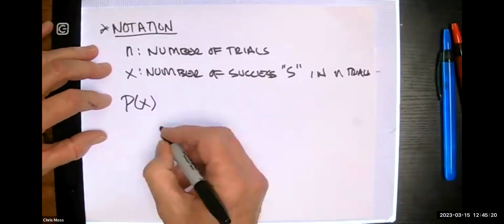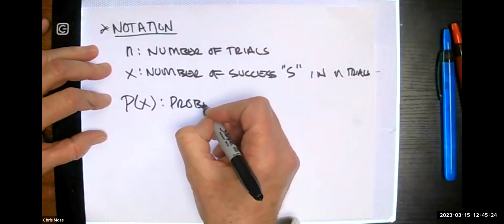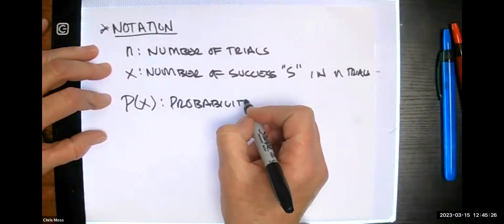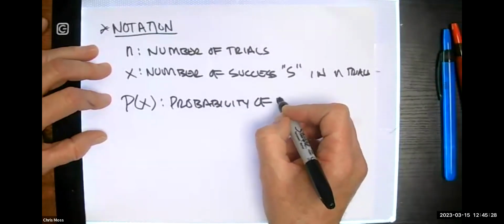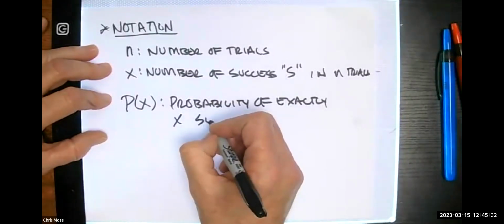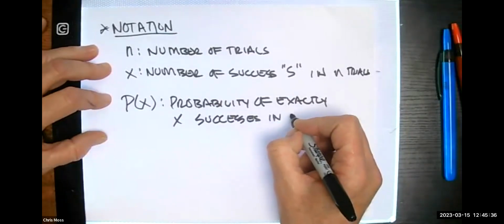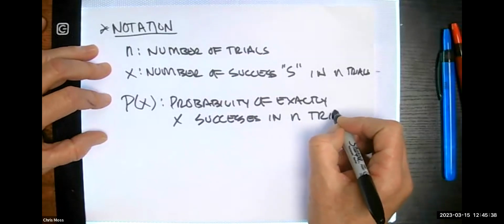P of X is the probability of exactly X successes in those N trials.